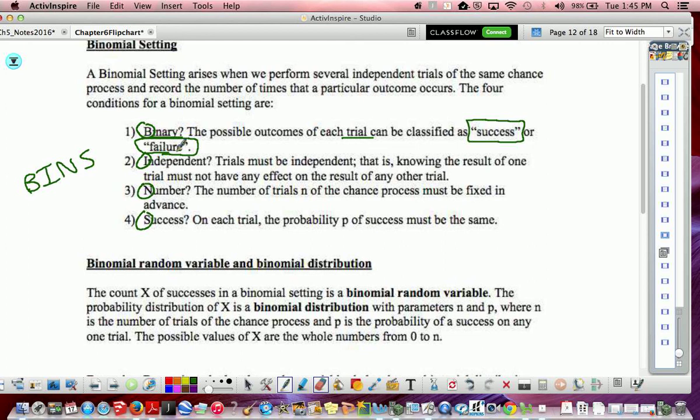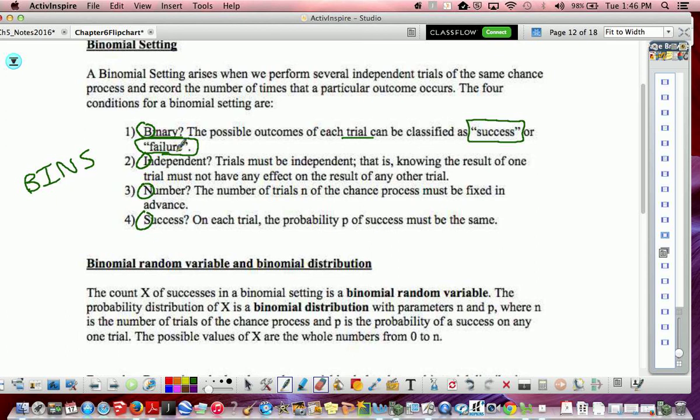Knowing that I've flipped a coin 10 times in a row and got 10 heads should not impact whether I get heads or tails on the next flip. Or, as you'll see in a problem later on, we'll talk about DVD players and Blu-ray players. Knowing that I own a DVD player should not impact whether or not I own a Blu-ray player.